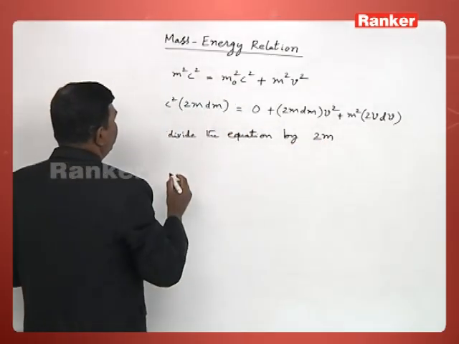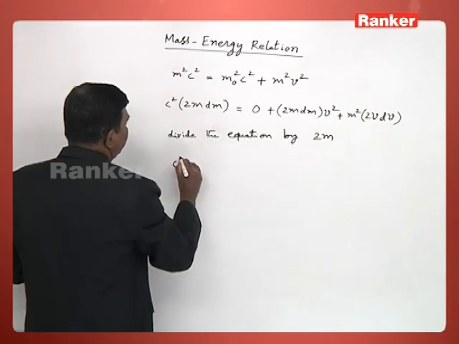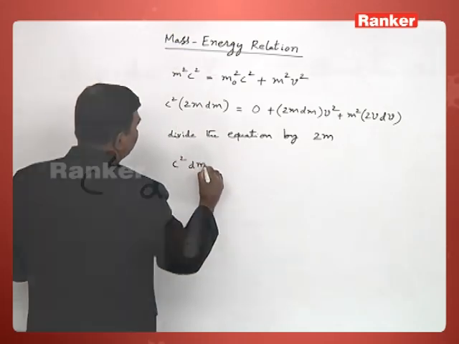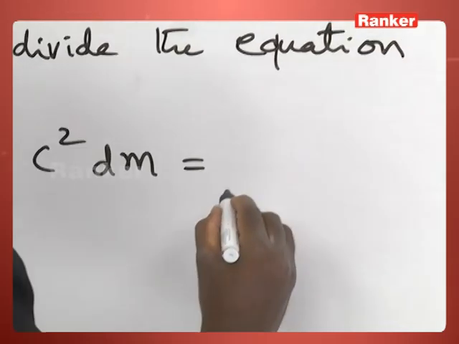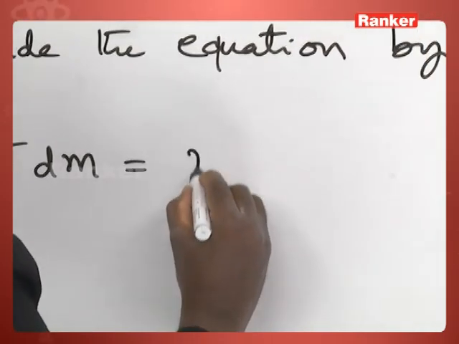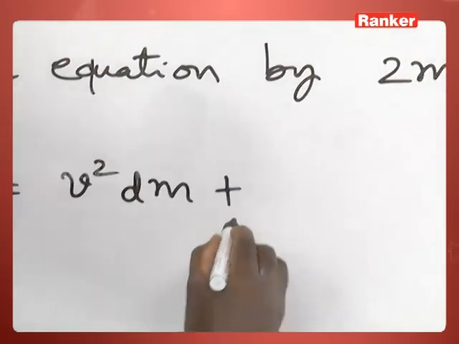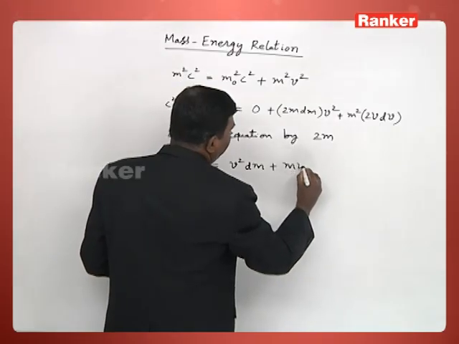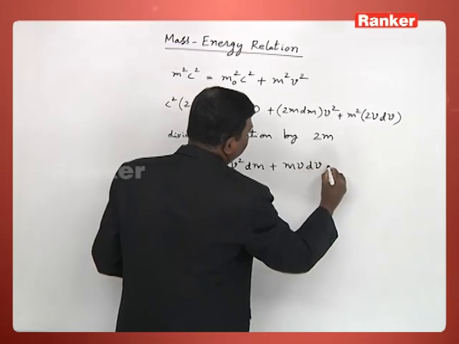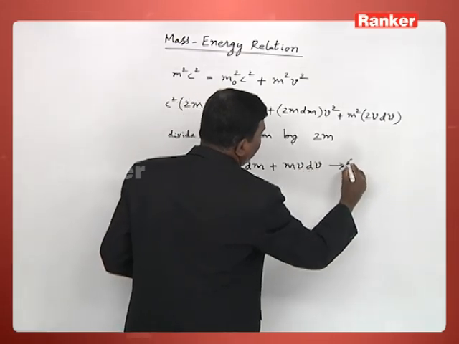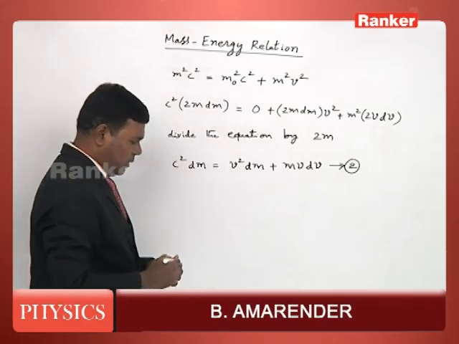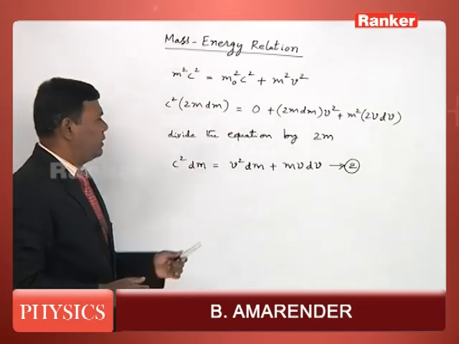So once you do that, what you will get on this side is c² dm is equal to v² dm plus mv dv. That is equation number 2. So in this way we got equation 2.